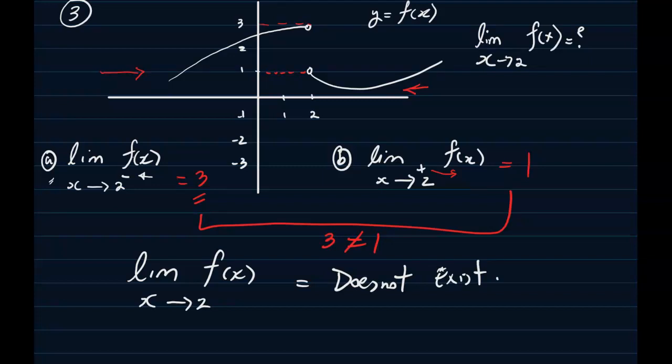The two values are not the same. If they were the same, if the left limit was equal to the right limit, then we would say that the limit does exist, and there would be a specific number, but in this case it does not. Excellent. Okay, let's do another question.